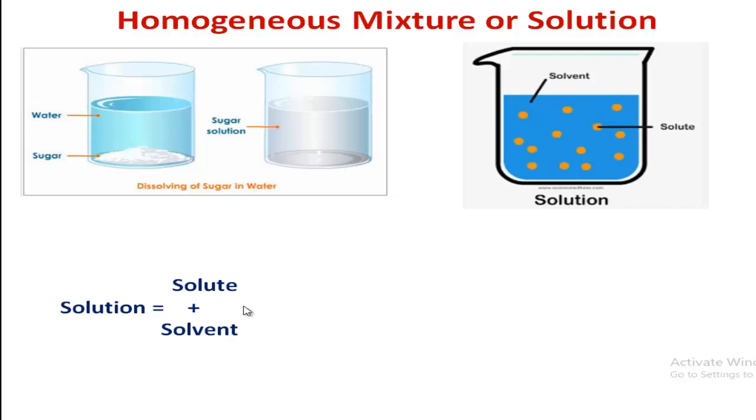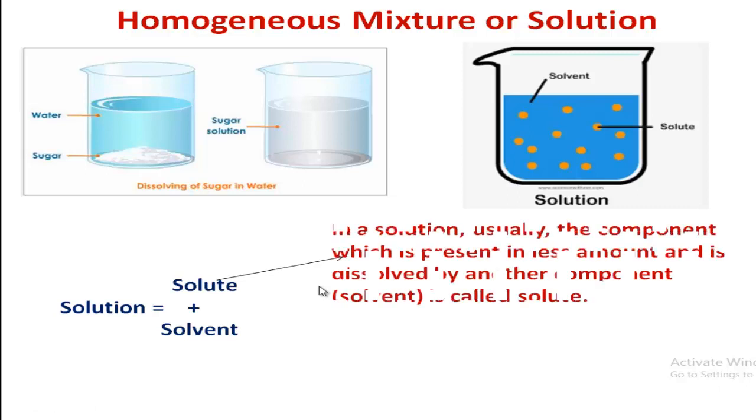Now if I say how can you define solute, this is very simple. Follow here. In a solution, usually the component which is present in less amount and is dissolved by another component, that is solvent, is called solute. So solute is actually one component of the solution which is present in less amount.